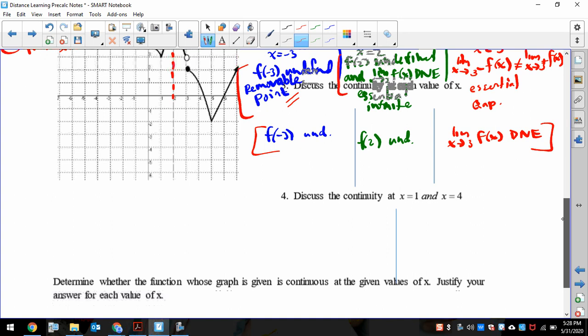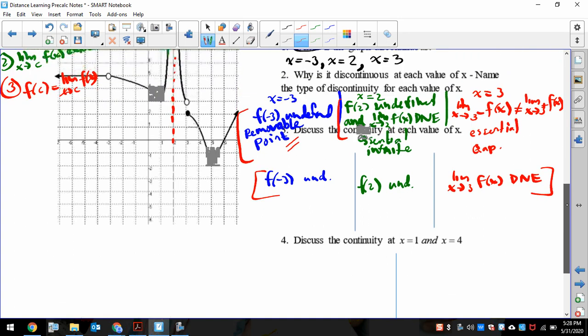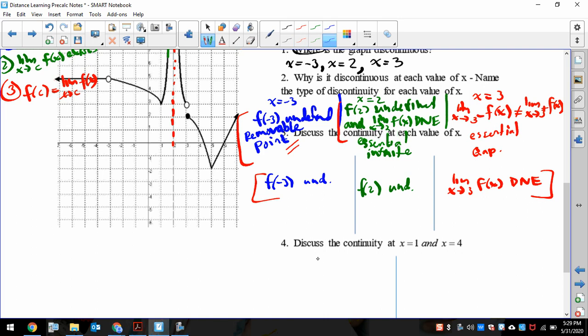Part 4 asks us to discuss the continuity at x equal 1 and x equal 4. So here at x equal 1, if you look right here, that's this point. It appears to be defined. It doesn't look like there's a hole, so f of 1 is defined. You could say it looks like it's defined at 3, so f of 1 equals 3.